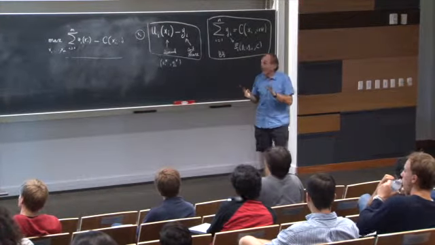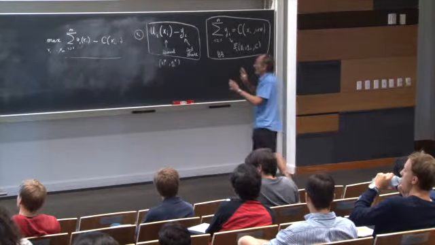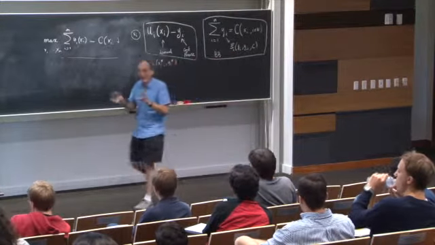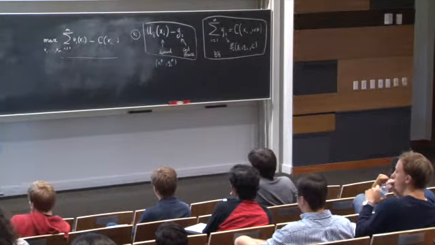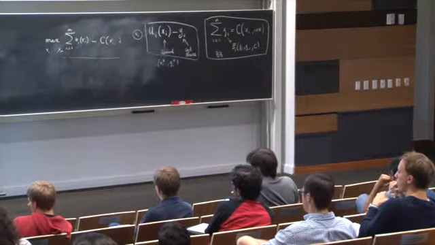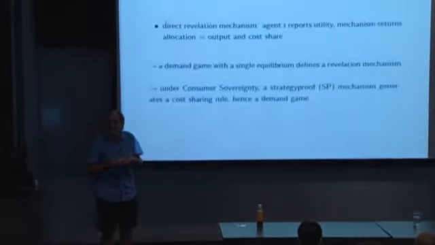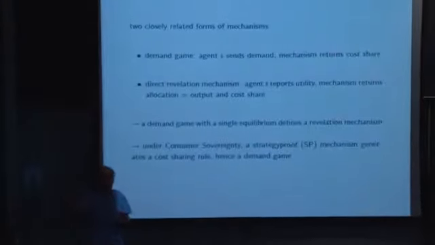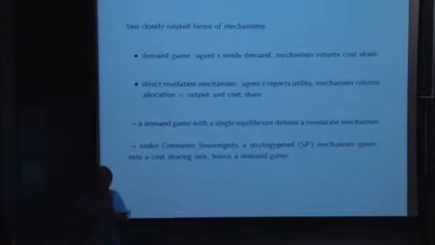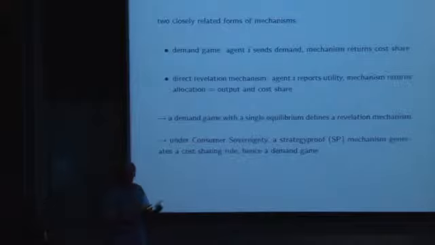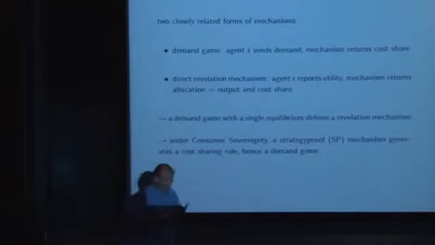So we can think of the two types of mechanism in parallel. The demand game becomes a practical way to implement the thing, if we don't want to ask participants to report a complex object like a full-fledged utility function, but it's also possible to think of it as a classic revelation mechanism.